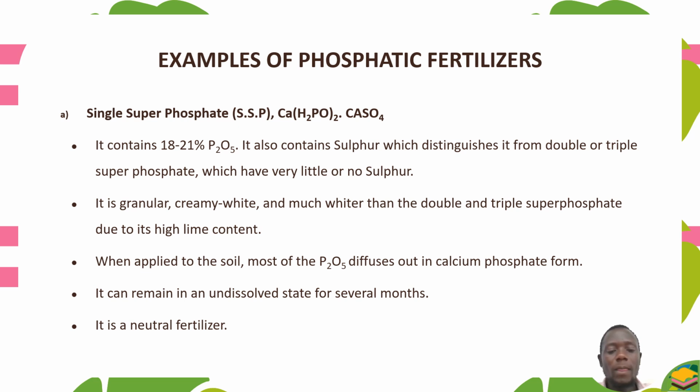It can also remain in an undissolved state for several months. And this phosphatic fertilizer is a neutral fertilizer. What it means, it is not acid and it is not base, so it's just neutral.